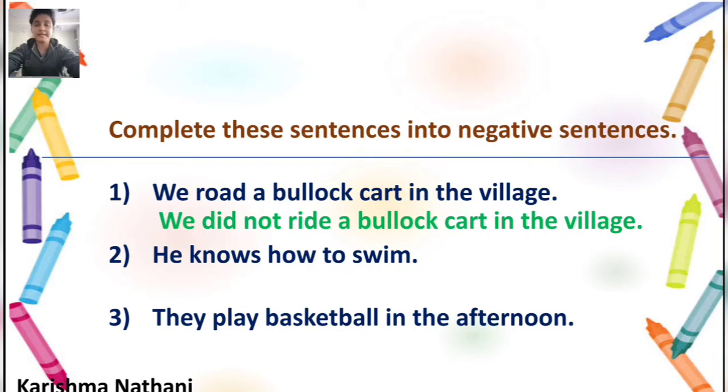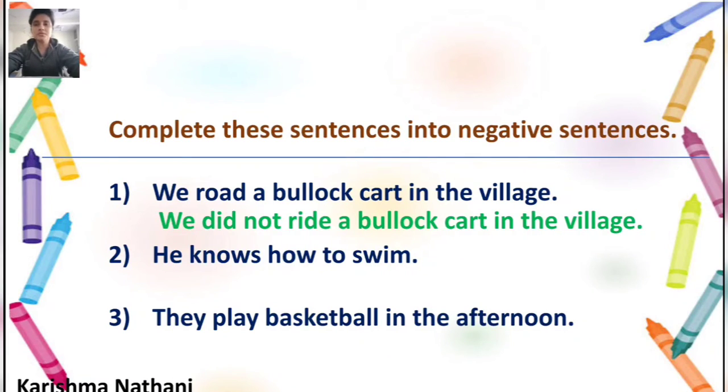We have to identify whether the given sentence is in present tense or past tense. If it is in past tense, then the negative sentence will be with did not. And if it is present tense and singular noun, then does not. Present tense plural noun, then do not.